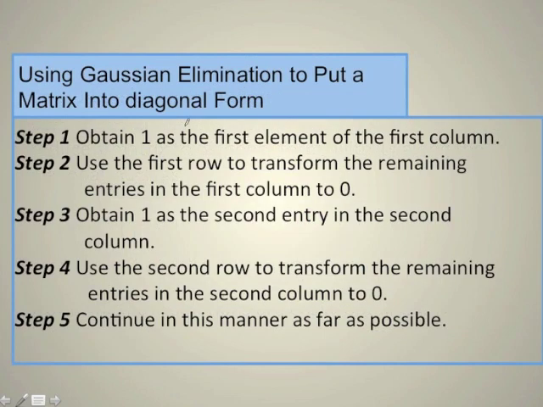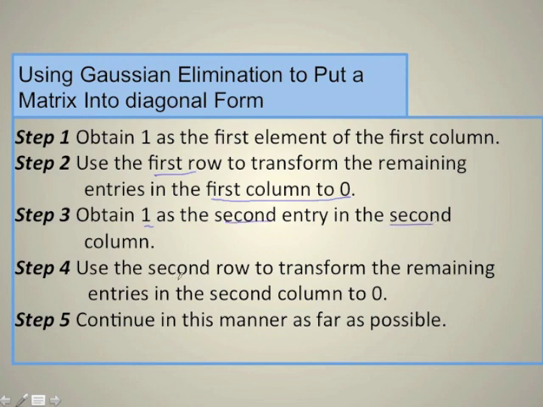The steps for doing Gaussian elimination to get it in diagonal form: obtain 1 for the first element in the first column. Use the first row to transform the remaining entries in the first column, making the rest of the things in the first column a 0. Then we get 1 as the second entry in the second column.